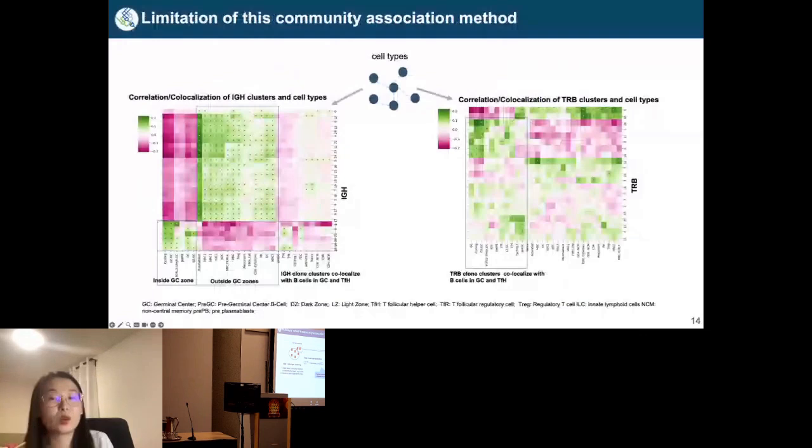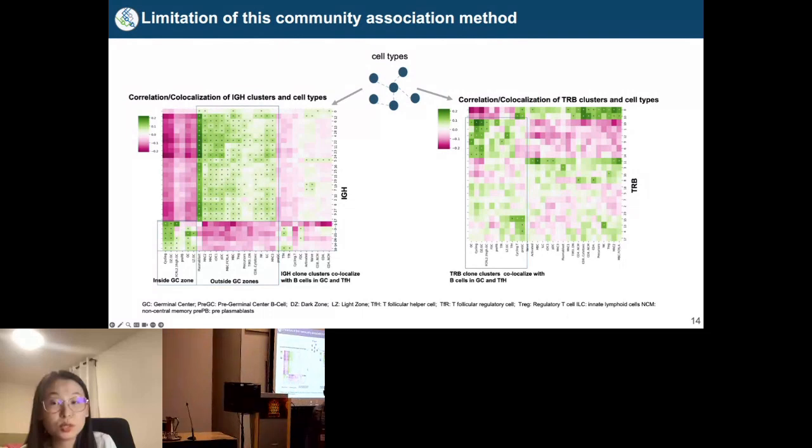We identified 28 IGH clusters and 21 TRB clusters from the individual layers, and calculated the Spearman correlation between these clusters and the cell types at the spatial level. For the IGH heat map, we can see IGH clusters are divided into two distinct modules.